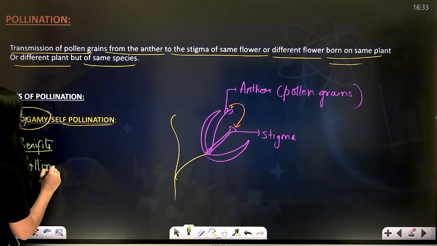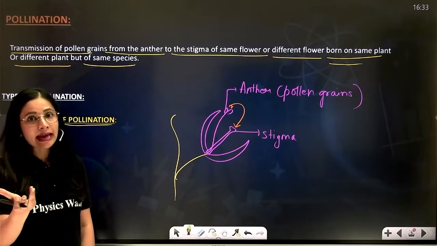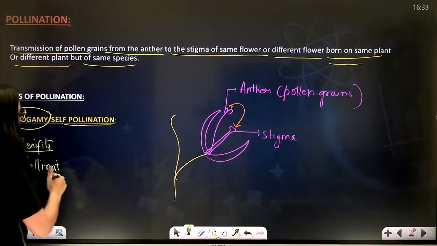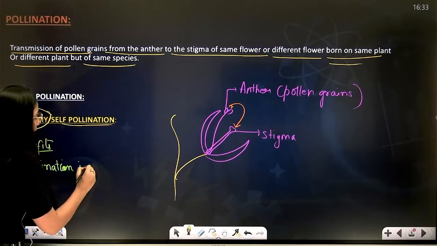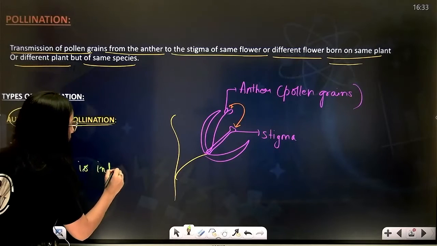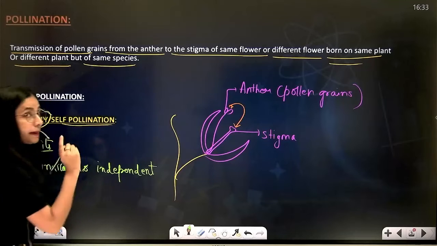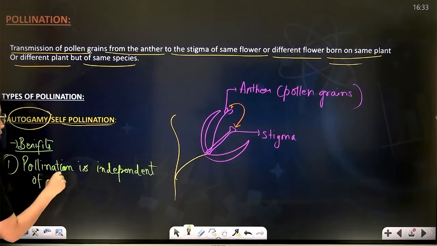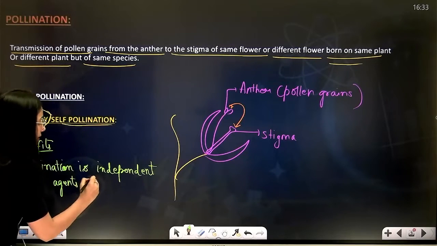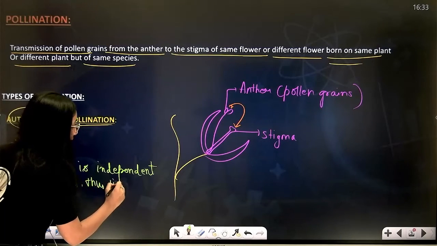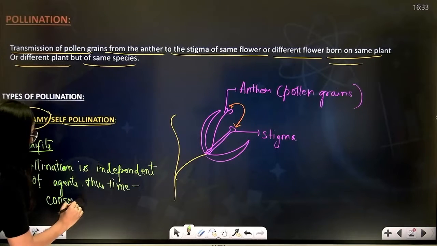So the first benefit is that it is not time consuming. No waiting has to be done. So the first point: pollination is independent of biotic or any pollinating agents, thus time conserving, not consuming, thus time conserving.